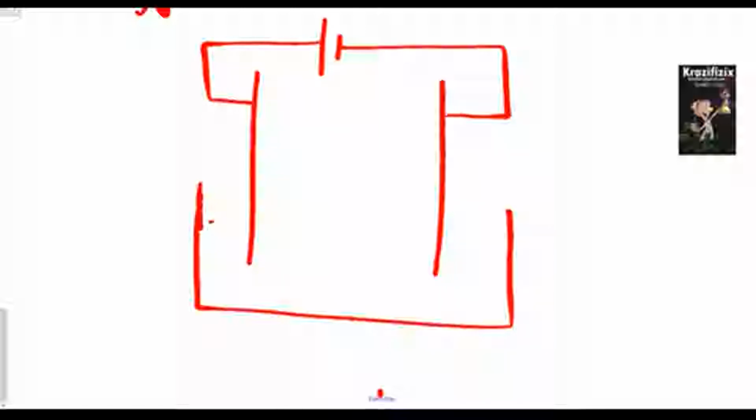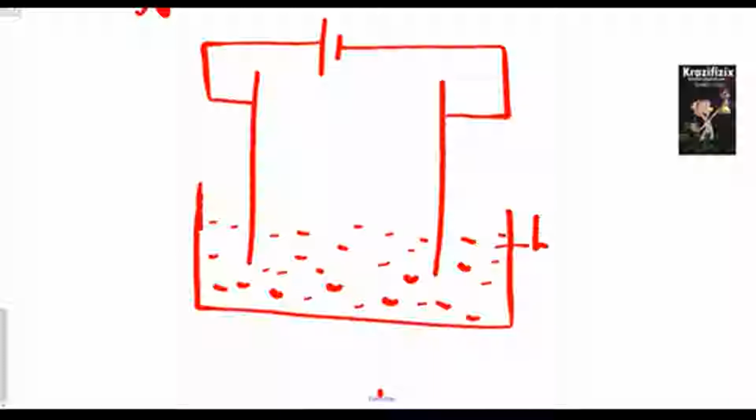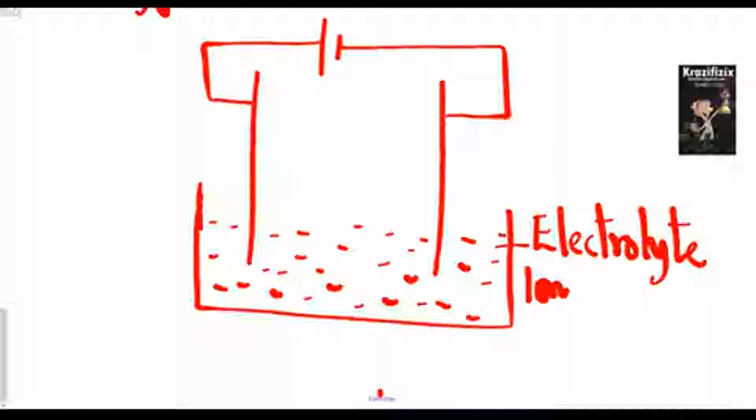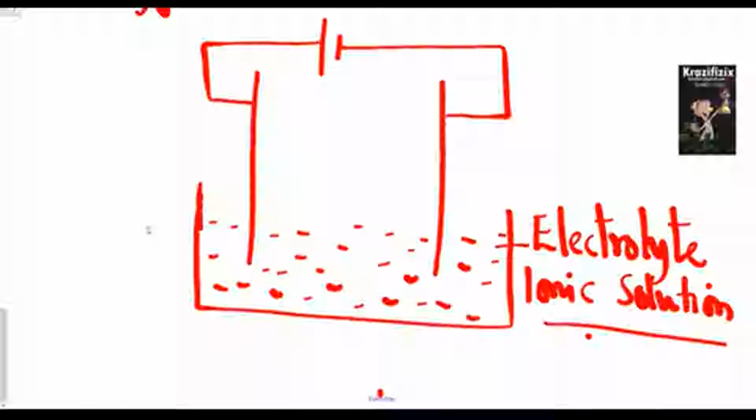The diagram already is different, and what we have here is our electrolyte, which we said is an ionic compound, an ionic solution. It must be a solution. It cannot be a solid. Electrolyte, it's an ionic compound, ionic solution, that allows the movement of ions.